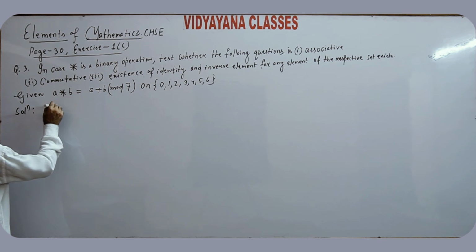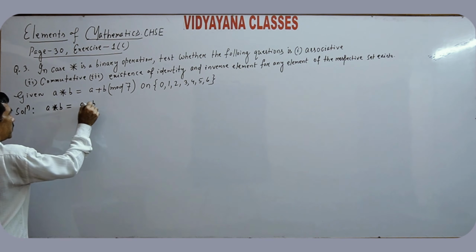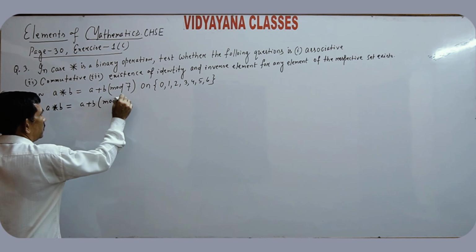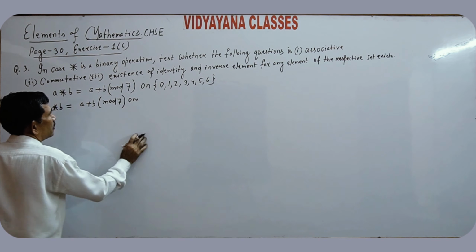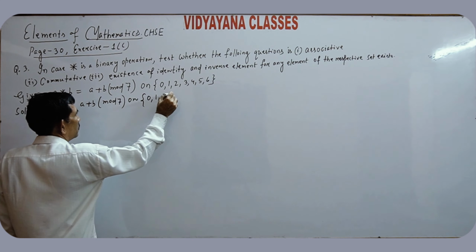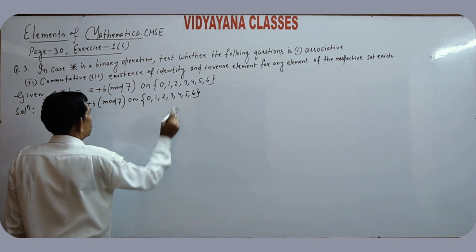A star B is equal to A plus B mod 7 on the set of 0, 1, 2, 3, 4, 5 and 6.